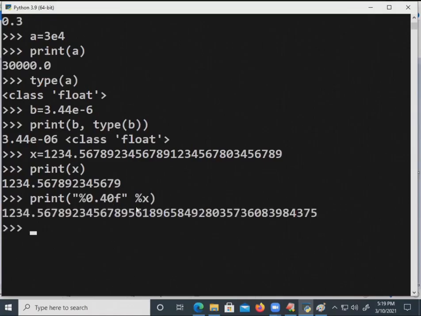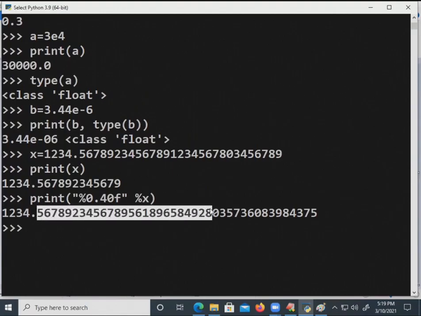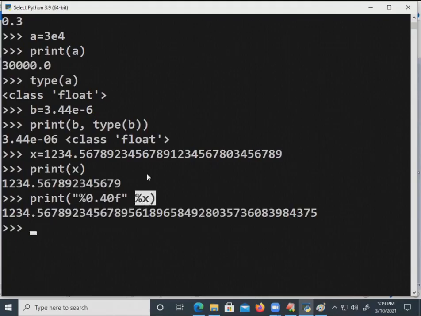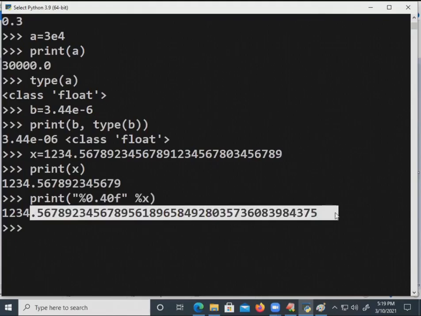See, it is printed up to where? 5, 6, up to here, 7, 8, 9 maybe. Somewhere else, some value may be there. But with the same value when I am taking, it is giving some different value or not? The reason for all those things is that internally there is an IEEE 754 calculation.